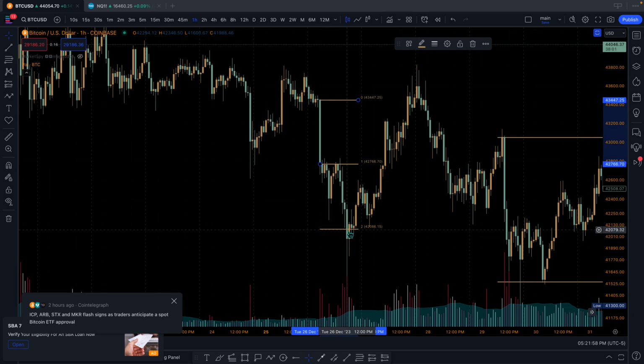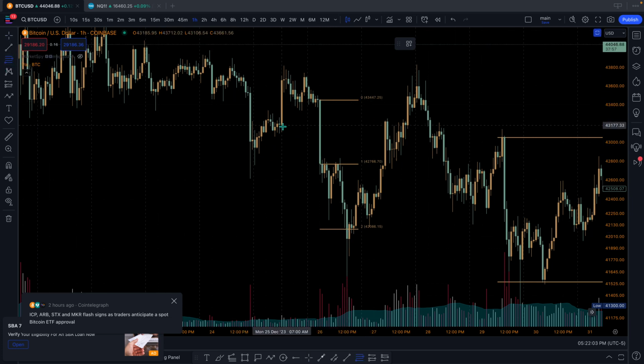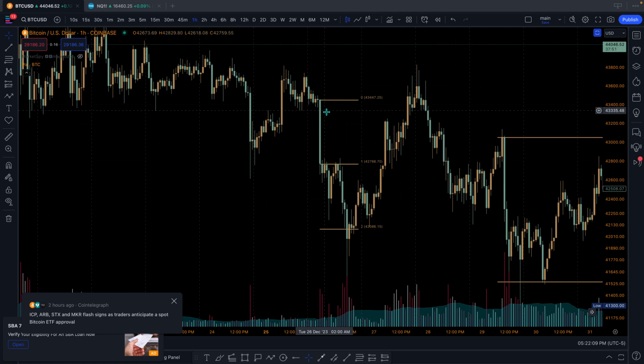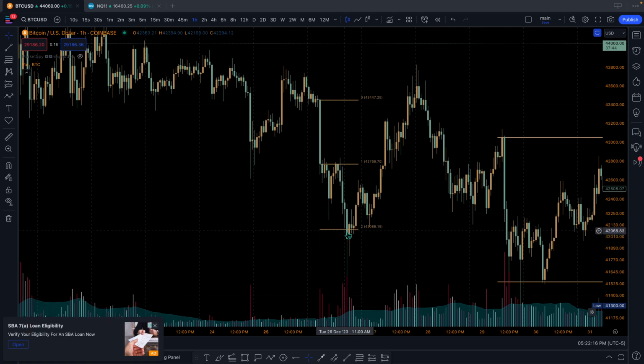And look it. So you could choose whatever you want, or you want the reverse of the impulse measured move, that's fine. This is what's so cool about them, is because it gives you a reason, and it gives you a fair reason and a logical reason for why you should be taking profit here.